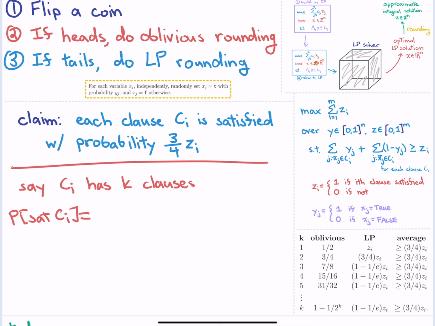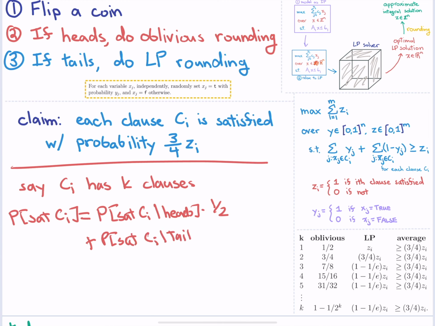So I can say, what's the probability that I satisfy C_i given that it flipped heads and we did the oblivious, times 1/2, because that's the odds that I flip heads. Plus the probability that I satisfy C_i given that it flips tails and I do the fancy LP approach, times 1/2, because that's the odds that I flip tails and do the fancy LP approach, right?